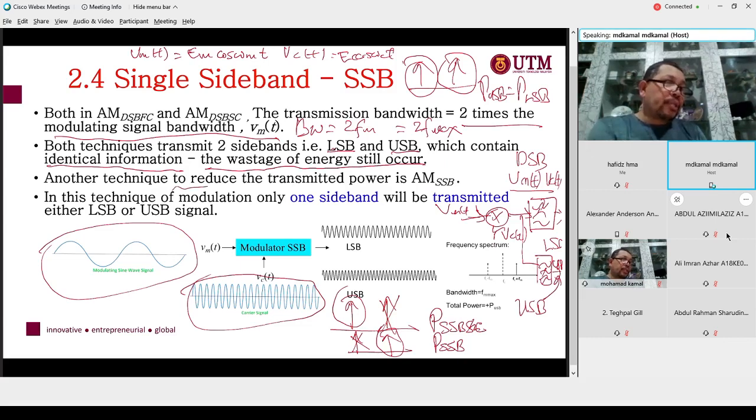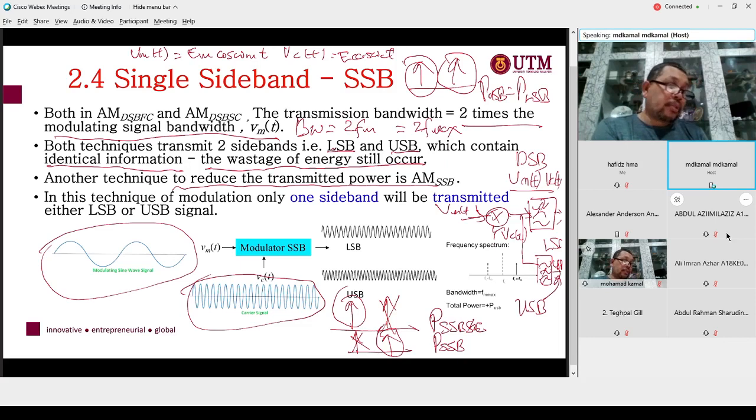Another technique to reduce the wastage is AM SSB, where you transmit only one sideband by filtering, whether you filter the upper sideband or the lower sideband. It depends on your application or the frequency that you want.